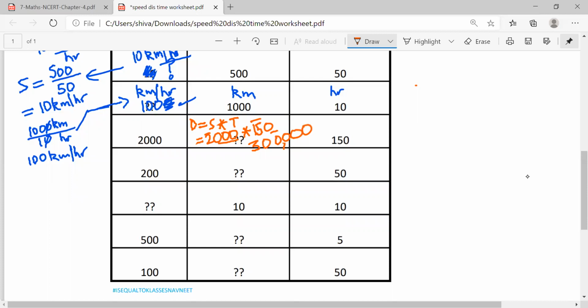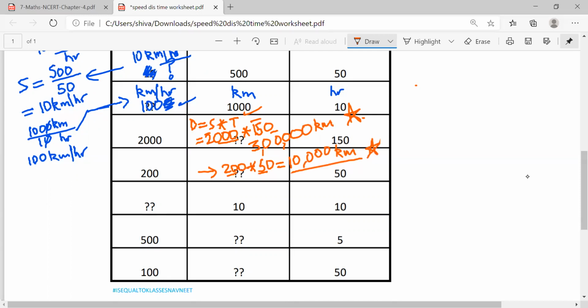So this would be 3 lakh kilometers. Very nice. Shabash. What is the distance here? 10,000 kilometers. Shabash. Again, distance is speed into time. So 200 into 50 is equal to 10 followed by three zeros. So it will be 10,000 kilometers.